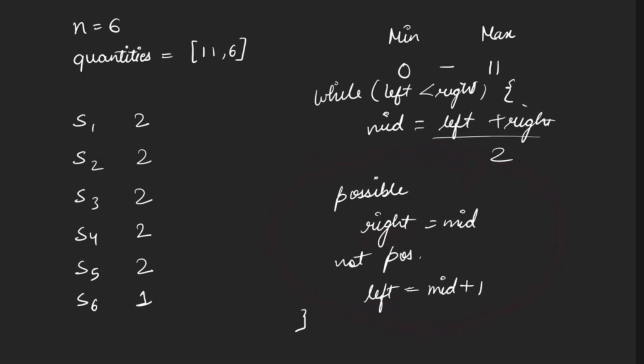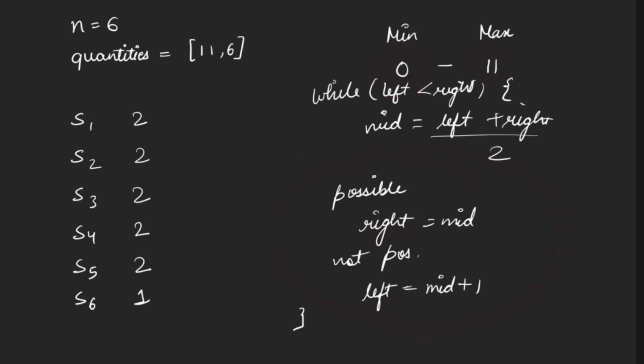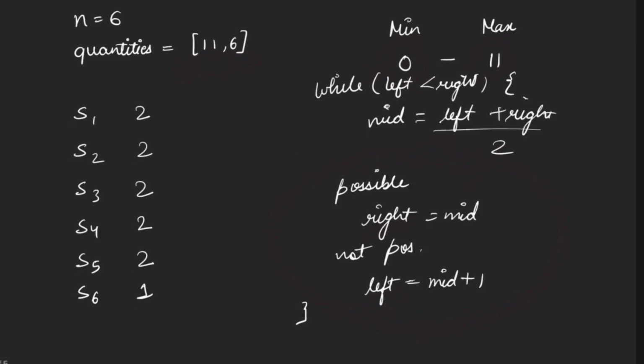And your left and right will be 0 and 11. See, there is no point in taking 0 here. Why? Because in the question we are assigning all the quantities to our stores, so 11 and 6 I have to assign anyhow. But when we check for 0, we would be assigning 0 to all of these, which is not possible.